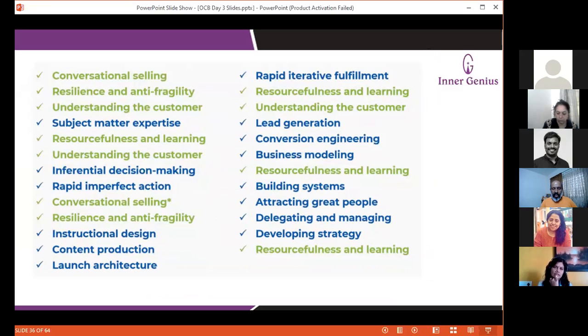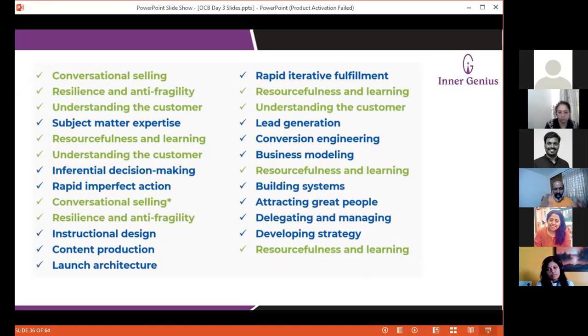Some of you will be surprised or might not agree with me that subject matter expertise at this level is not important. You may not agree with me right now, but when we go in depth and you do it, you know that subject matter expertise can be hired. Everything else can be hired, but what is in the green you cannot hire, you must develop it.